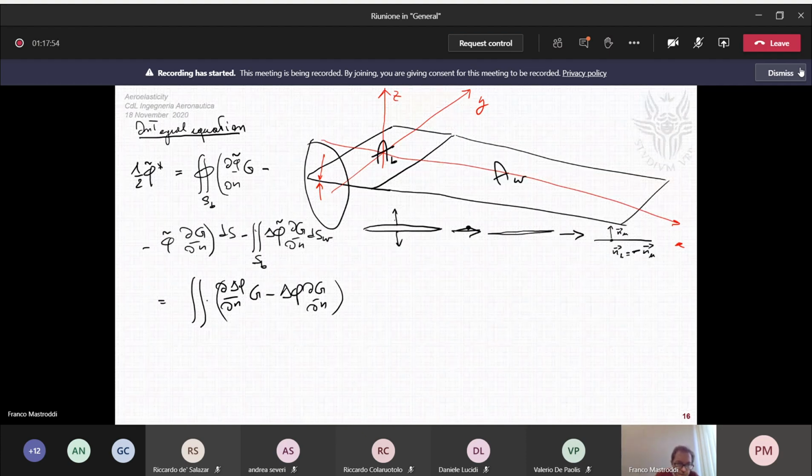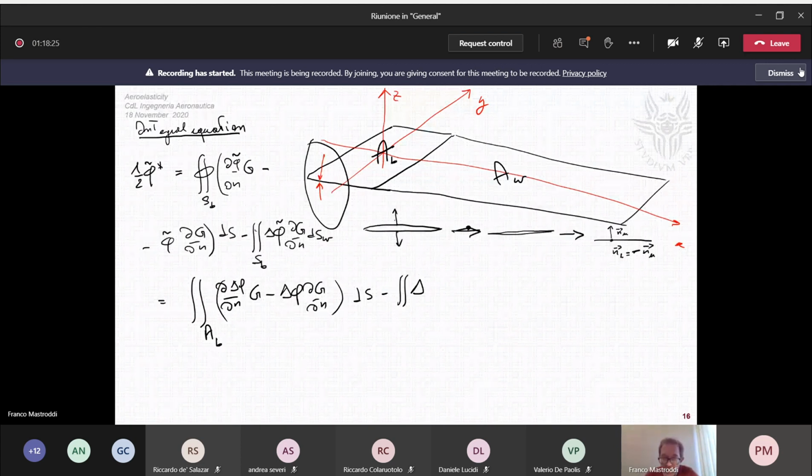So this integral is on the surface of the body, dS, minus the surface in the wake, but now the body is just transformed into a wake-like body, because the body, of course, is not permeable to the flow, just like the wake.